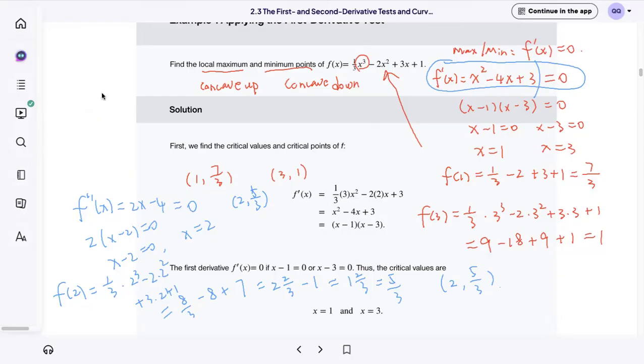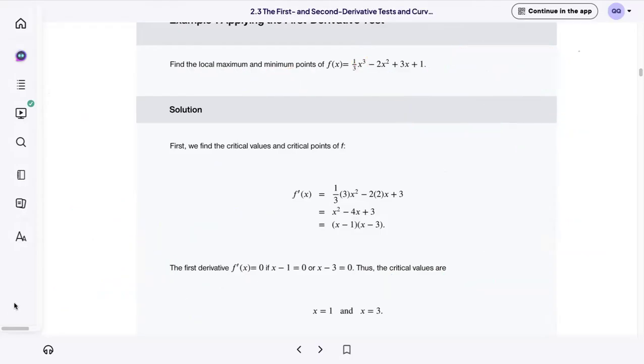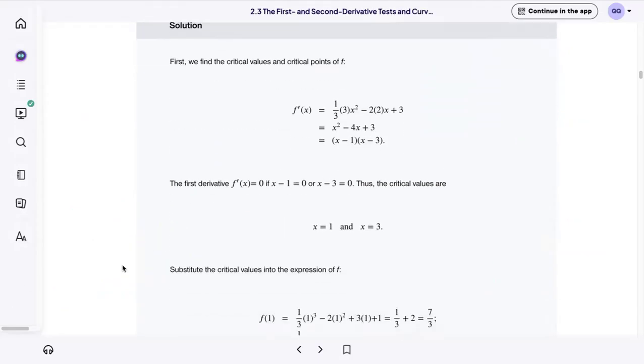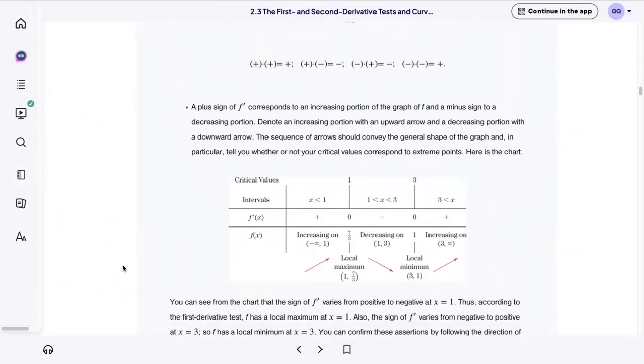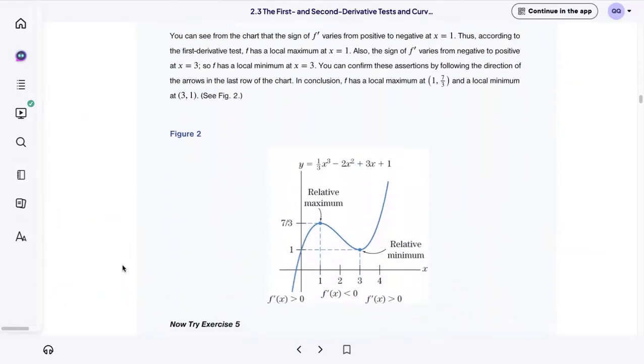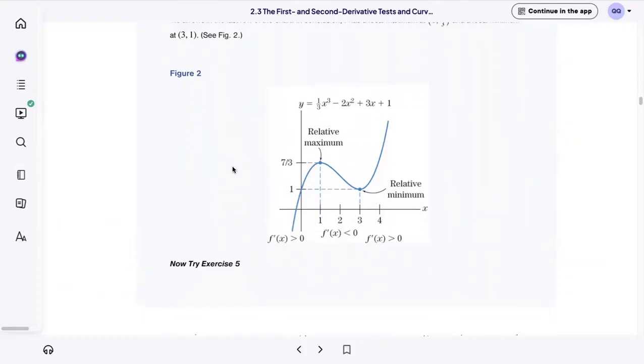I'm horrible at drawing. So let's just look at the graph from the textbook, because I don't want to mislead you. Okay, it's like this. All right.